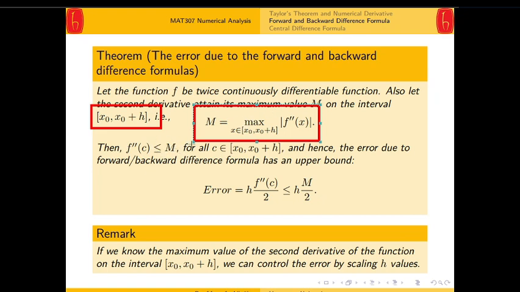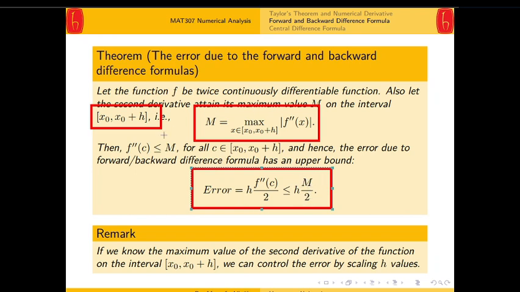This maximum gives us this observation already, and hence the error due to the forward difference formula has an upper bound. The error was equal to h times the second derivative of f at some point c divided by 2. If this is bounded by M, then h times M over 2 is an upper bound for the error.